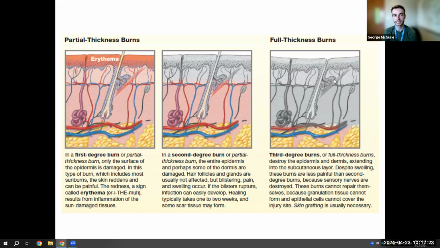But then our deepest burn, a third degree burn, penetrates all the way through the entire cutaneous membrane. So all of our skin, from the epidermis all the way into the papillary and reticular layer of the dermis.